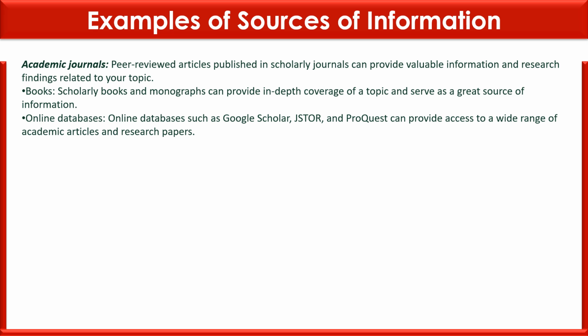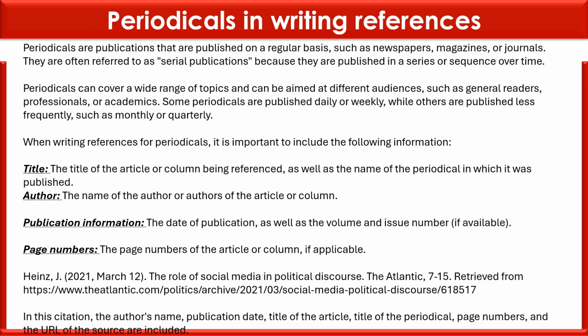Books are scholarly books, and monographs can provide in-depth coverage of a topic and serve as a great source of information. So just like we discussed them on the previous slide. And then let's look at this source of information in detail, how to write them and how to reference them. So periodicals and writing references.